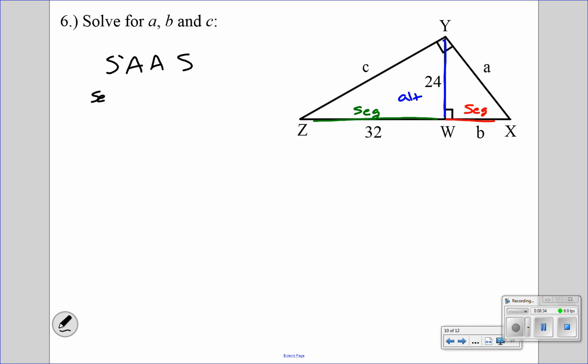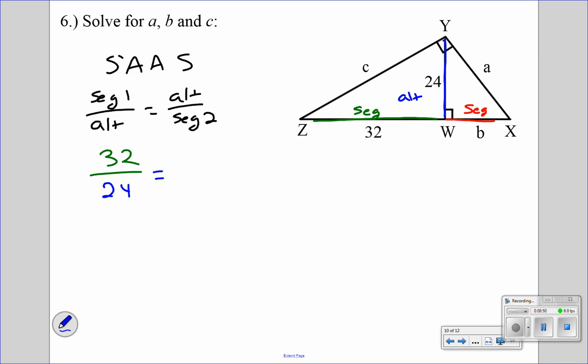Remember, segment 1 over altitude equals altitude over segment 2. Segment 1 equals 32. Our altitude is 24.